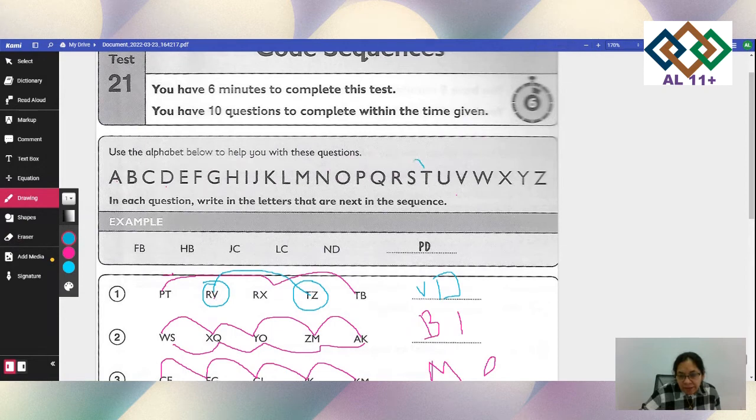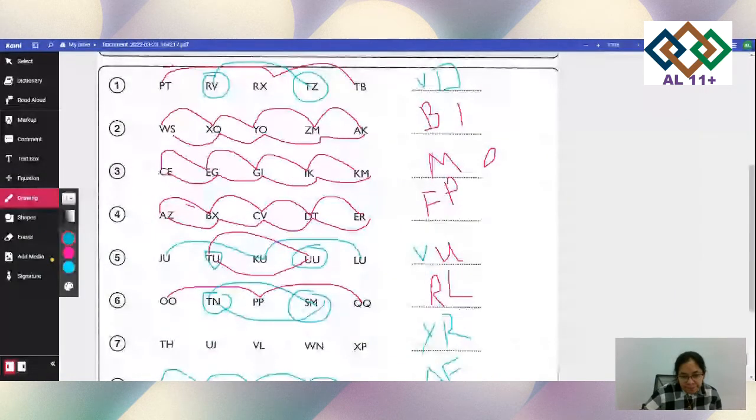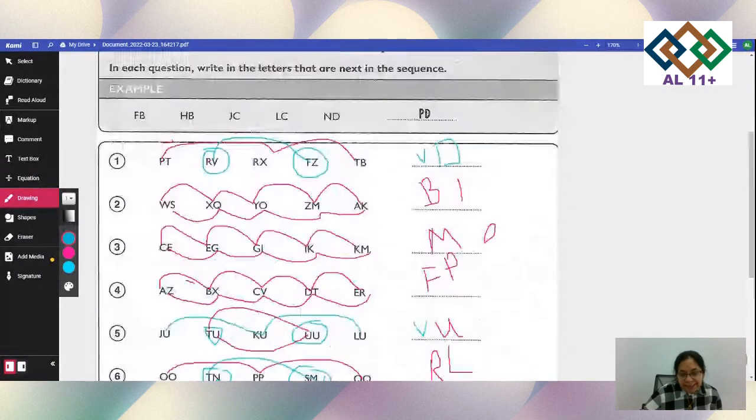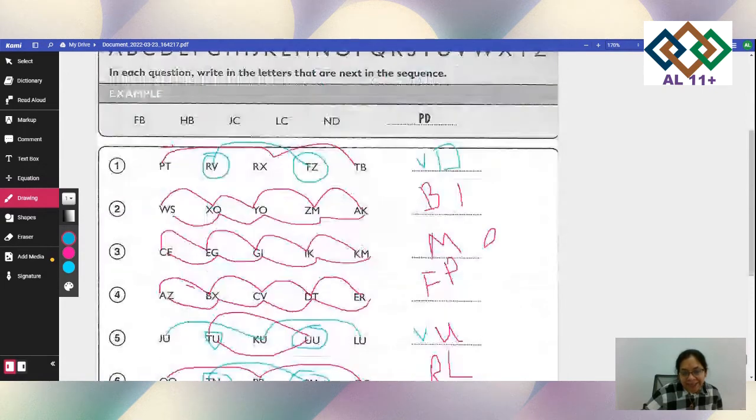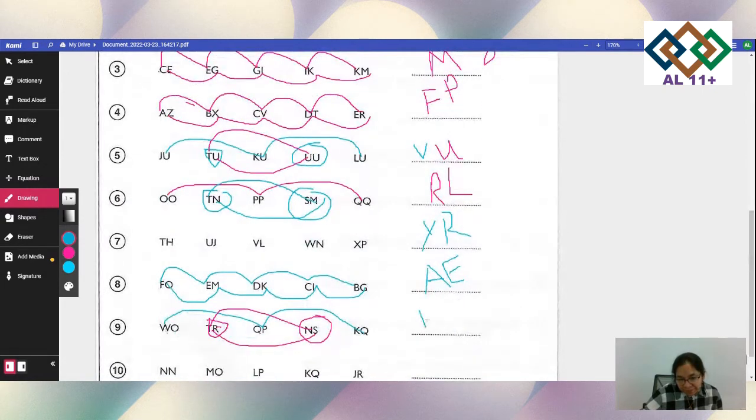So you're going minus 1, minus 2, minus 3, minus 4, minus 5, and minus 6. From N, if you go minus 6 again, minus 1, minus 2, minus 3, minus 4, minus 5, minus 6, that would be an H.